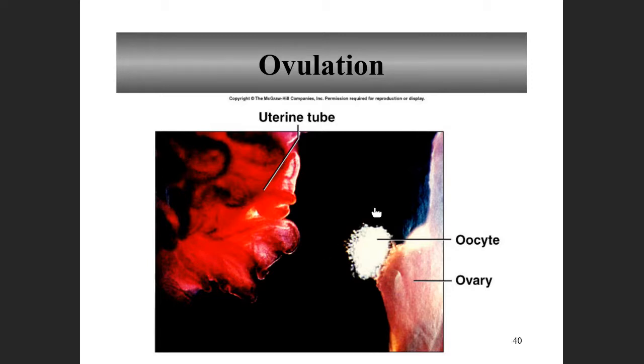You can have fertilization outside of the fallopian tube. It's called ectopic pregnancy, but that's very dangerous because only the uterine wall is thick enough to accommodate the enlarged fetus, but anywhere else, it will be dangerous for the mother and the baby.